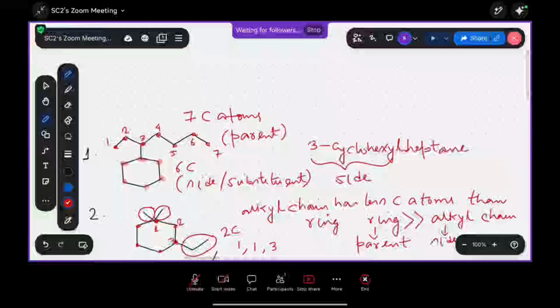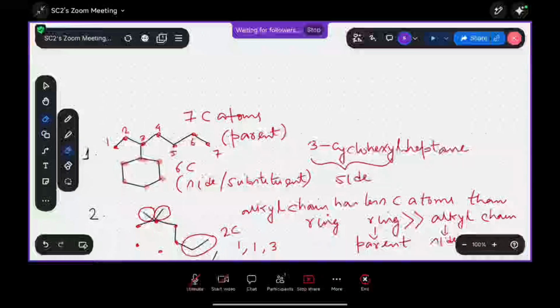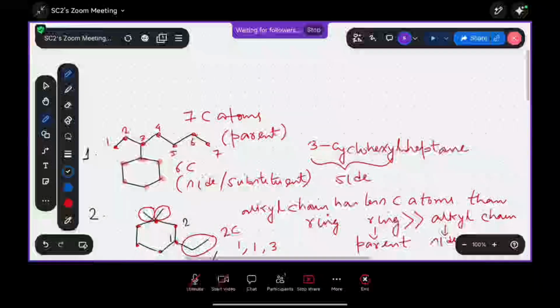So 1, 1, 3. যদি তোমরা ইথাইলটাকে 1 কার্বন বলতে, 1, 2, 3, তাহলে কি আসতো? তাহলে আসতো 1 পজিশনে ইথাইল, 3 পজিশনে দুটো মিথাইল, সো 1, 3, 3, which means it is wrong. আমাদেরকে টোটাল লোক্যান্টটা কম দিতে হবে. So that means it is 1, 1, 3.